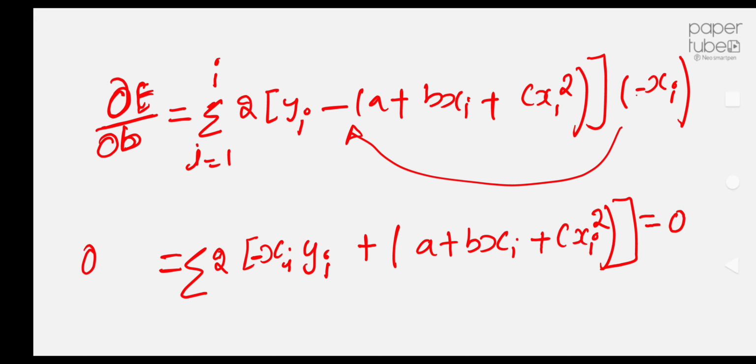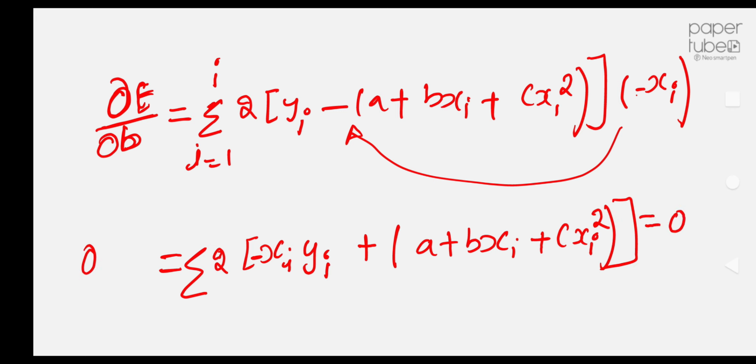You have a minus sign here, and since you have minus, this becomes plus. So this is equal to 0. We can rearrange this equation. So 0 by 2 becomes 0.